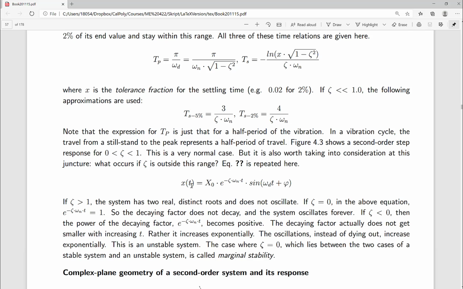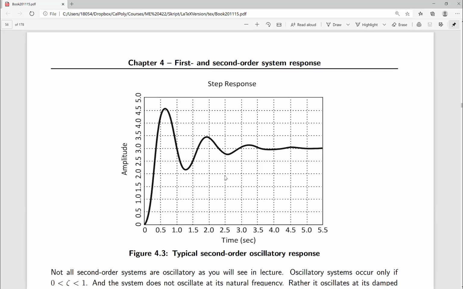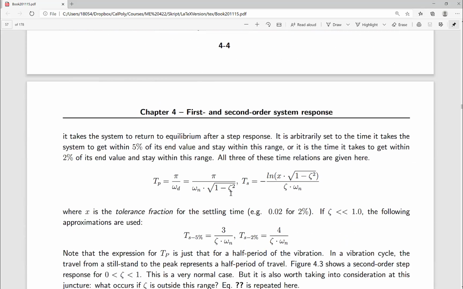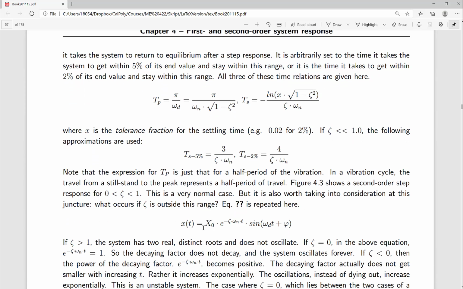I call this x(t), which is a measurement of this vertical value here. Notice that we have an amplitude here, and this will depend upon the size. Actually, this is the size of the step times the steady state gain. Okay, and then it has an oscillatory component. This is where your oscillation comes from, this sine function here.